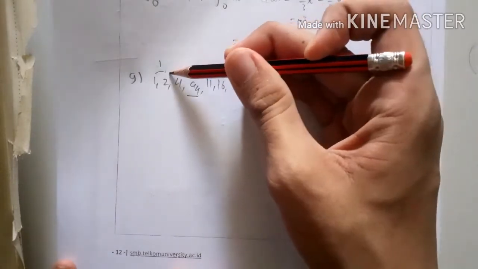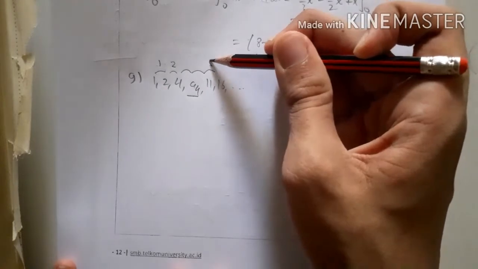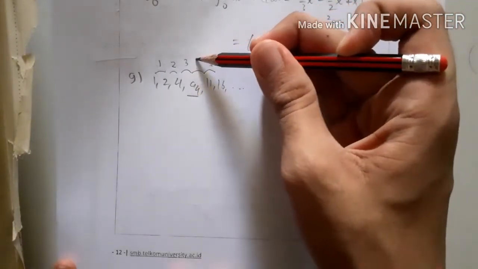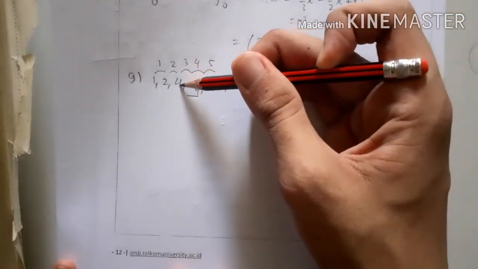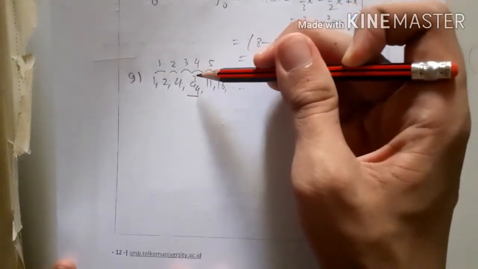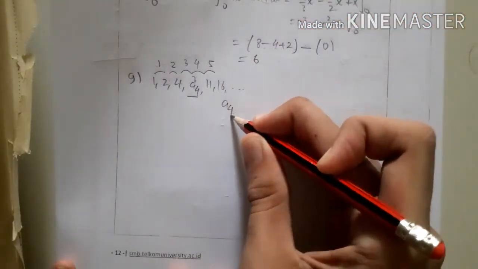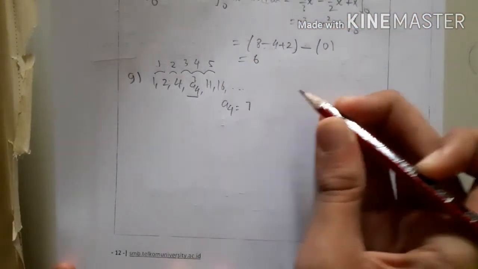The differences are 1, 2, and so on. We could just guess this kind of progression: 1 plus 1 is 2, 2 plus 2 is 4, 4 plus 3 is 7, 7 plus 4 is 11, 11 plus 5 is 16. So the fourth term is 7.